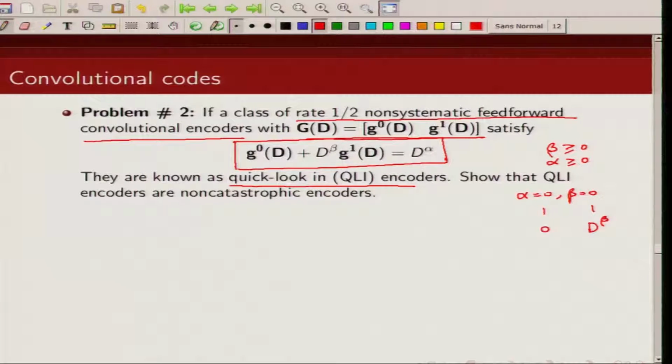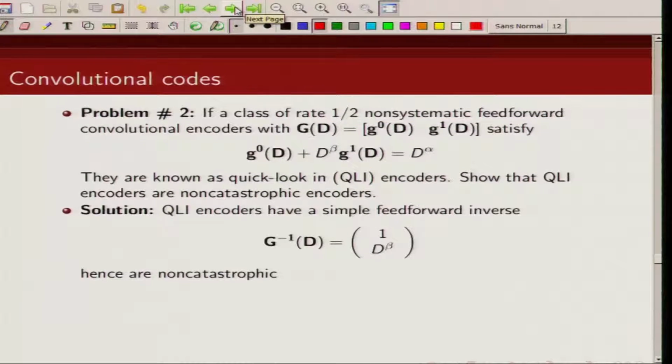So, they are in some sense closest to systematic codes, if you want to call them that. So, these quick look in encoders have a very simple feed forward encoder inverse, and that is given by this. And you can verify that G of D times the inverse is D to the alpha.